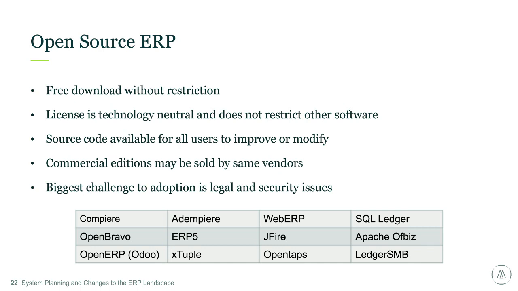So for these reasons, auditors have a problem with this kind of systems. I mean, they raise major compliance questions. So here on the slide, you see examples of some of the open source ERP systems that are available. And it's worth noting that some of these vendors also do have commercially licensed versions, which says a lot.